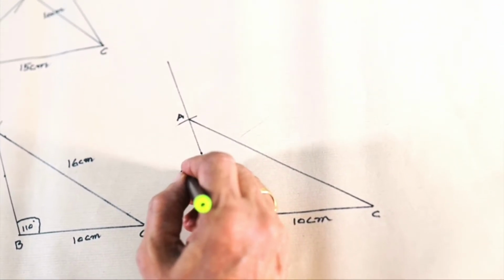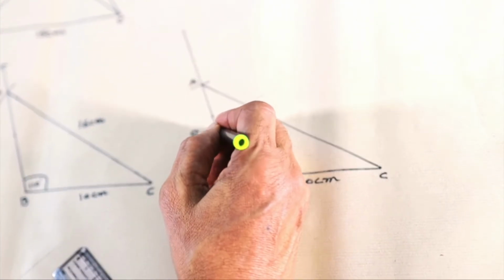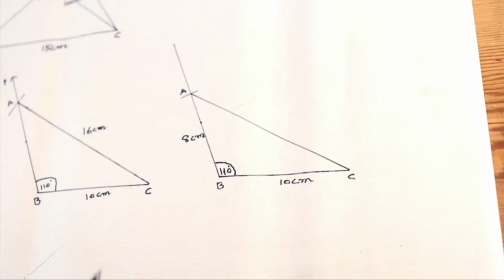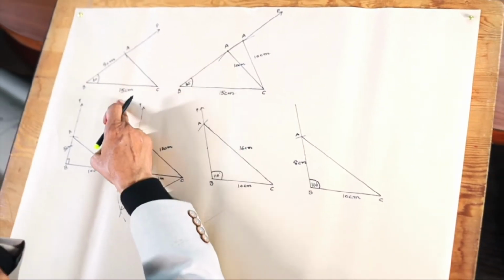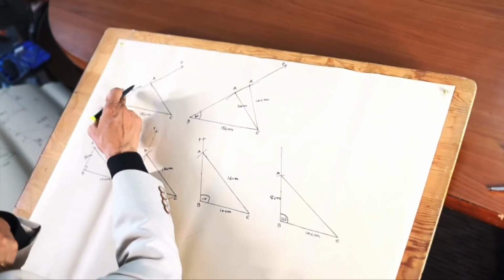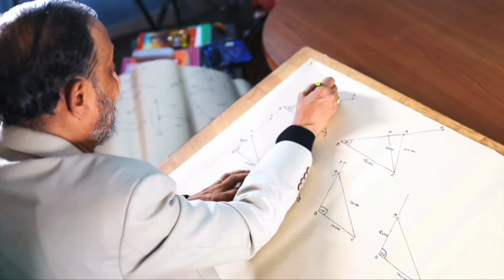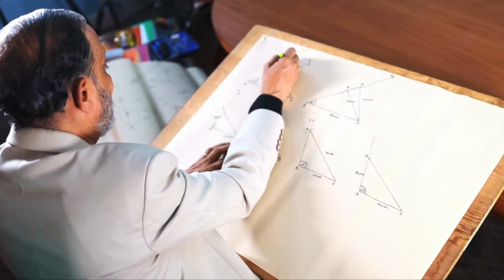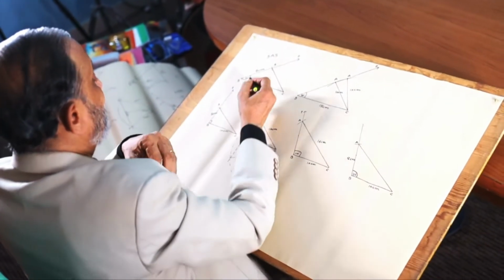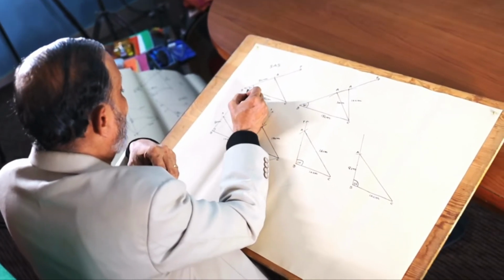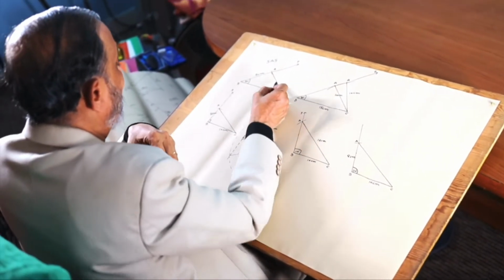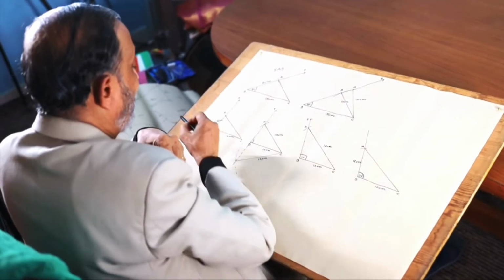This is 8 centimeters. Friends, let us conclude from all these constructions. Here 2 sides and an angle between them are given. So this is called the SAS criterion. When 2 sides and an included angle are given, we are getting one triangle only.